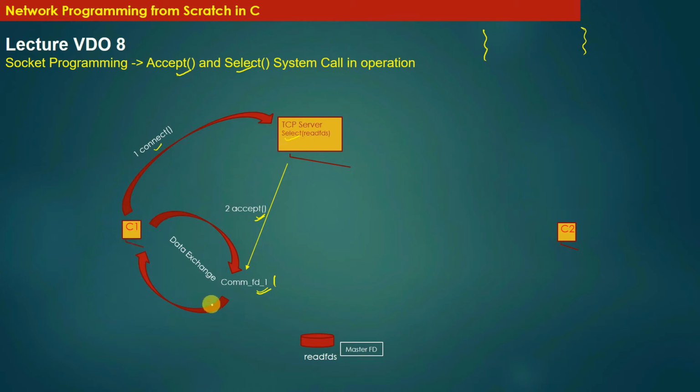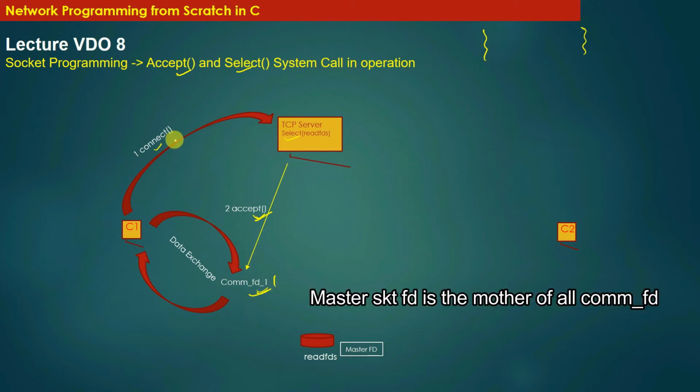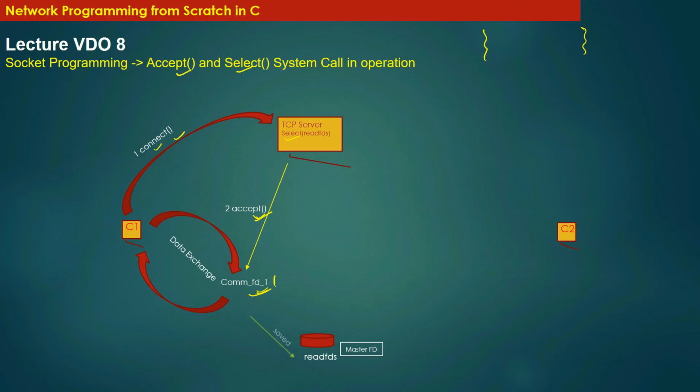So you can see that the data exchange between the client and the server is happening using the communication file descriptor, which is the return value of the accept system call. Master socket was used only to detect new connections. Now once the communication file descriptor is created, it is also added to the read FDS set.